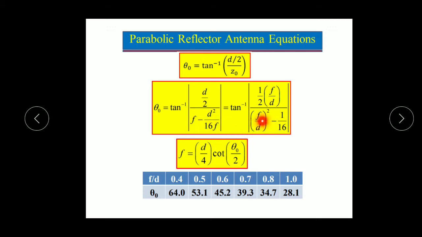After simplifying, the final equation is F equals D by 4 cot of theta naught by 2. According to the F by D ratio, the angle may be different.